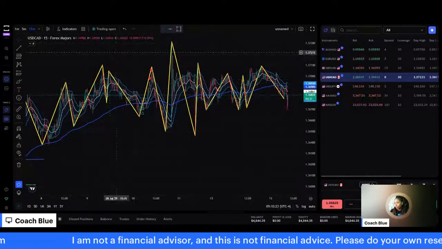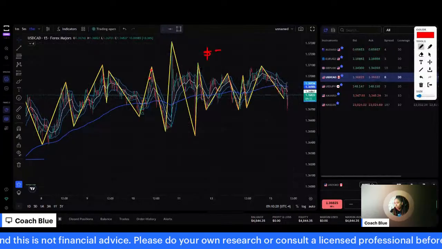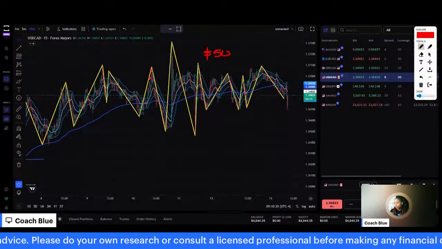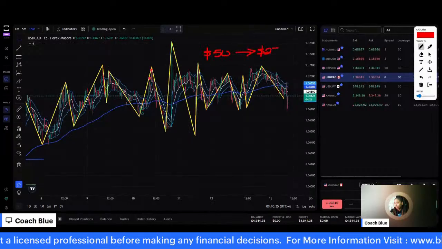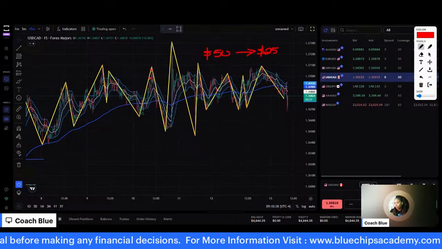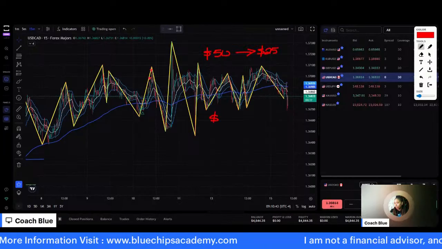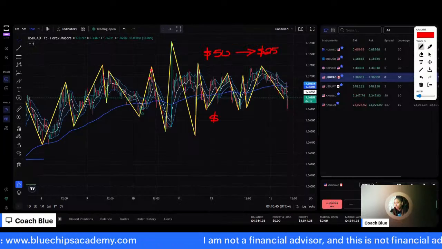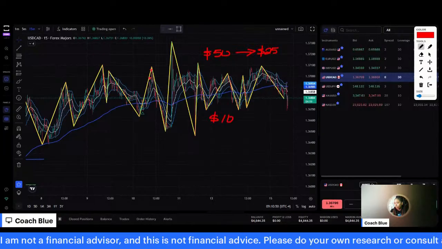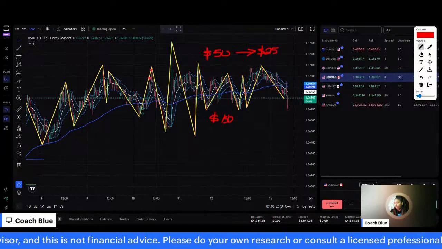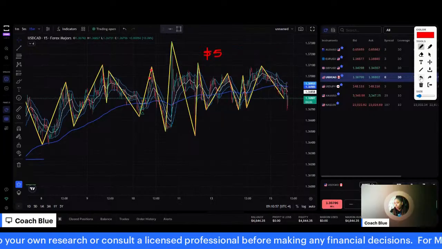So for instance, if you risk, let's say, $50 on your trade, I would say probably go for half of that, maybe at like 25, if you have that $5,000 account. For that $100,000 example, let's say you normally risk $300 on the trade, then keep it at 150. When the market is choppy like this, you have to be very careful.